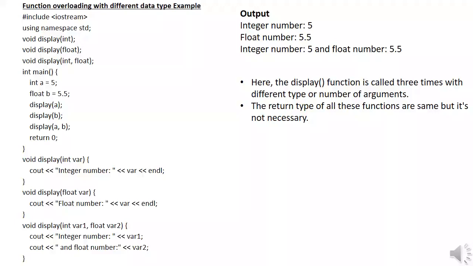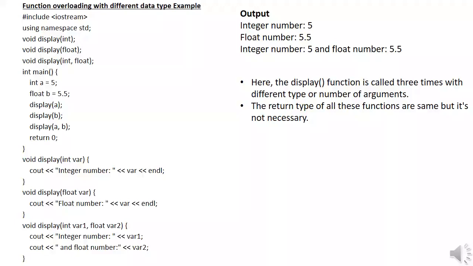Come to the main function. When display of a is called, which display function will be executed? That is decided based on the argument you are passing to that function. Here display of a is called, and a is an integer with value 5, so control goes to the first function definition, void display of int var, because you passed an integer value.